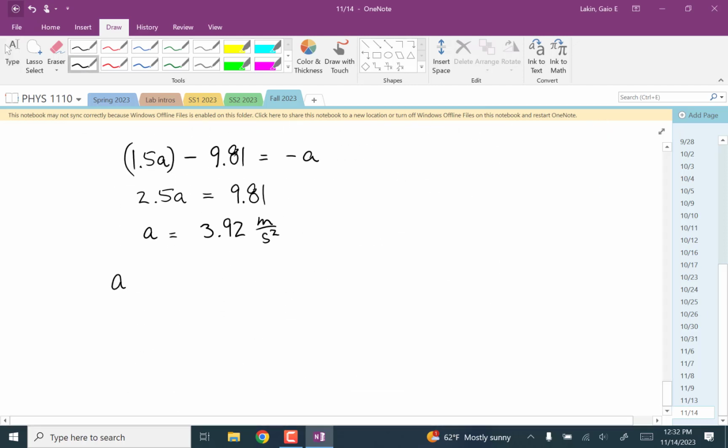And you get that the acceleration vector is <3.92, 0>, or the positive x direction with a magnitude of 3.92.